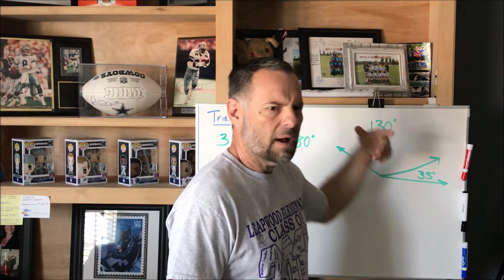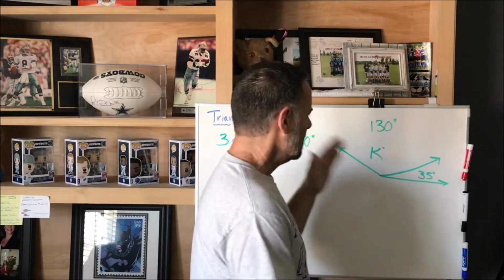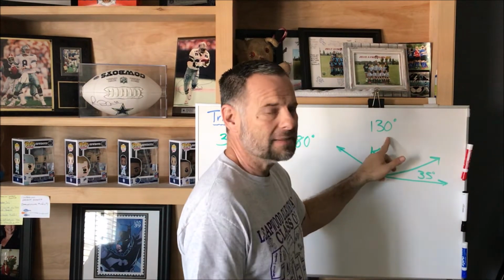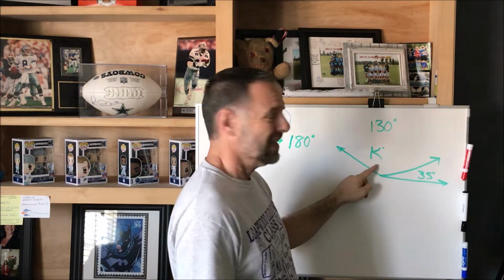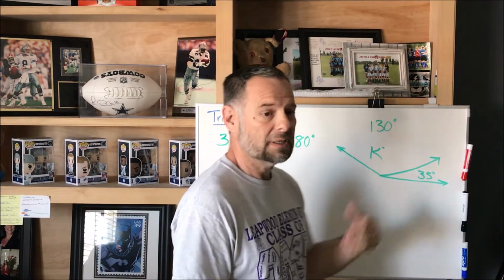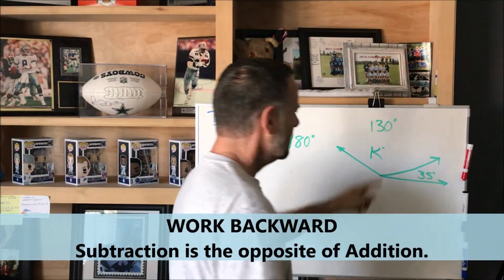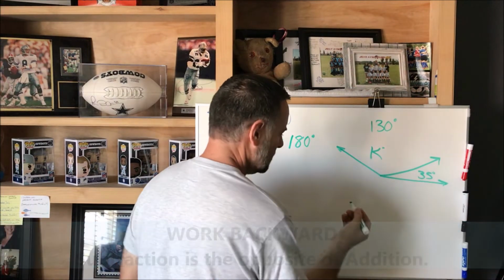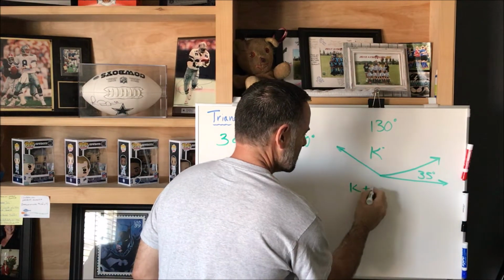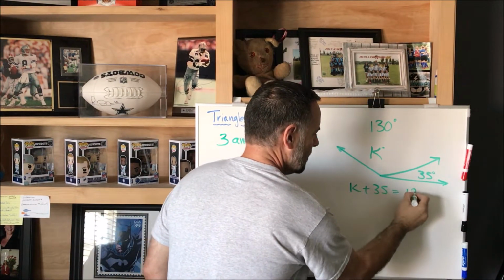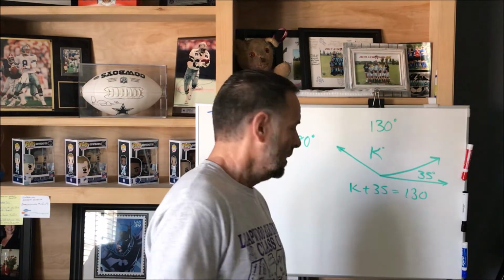Well, opposite functions. If you're telling me combining this will get that, I need to work backward to get this. So the opposite of addition is subtraction. We could do this. K plus 35 equals 130. Because that's really what it says.